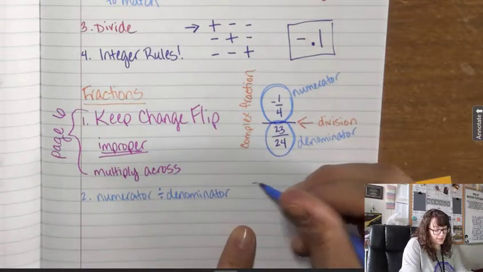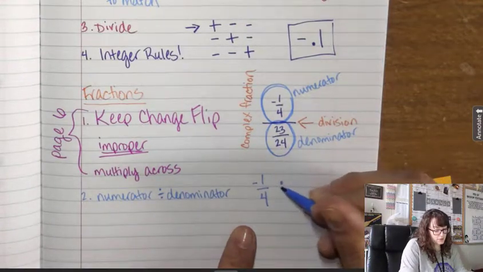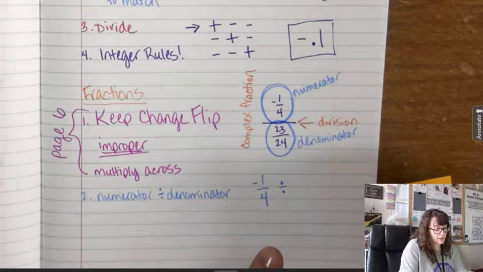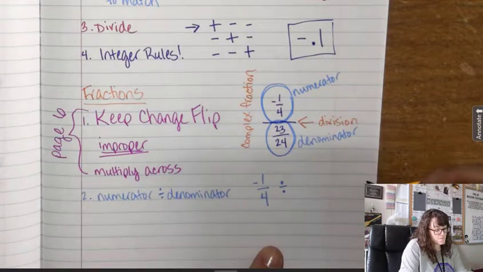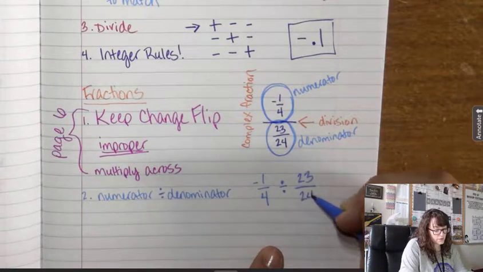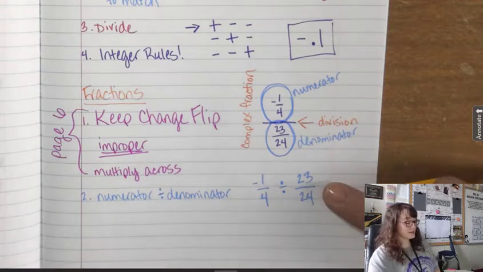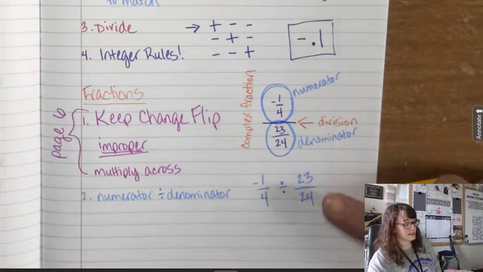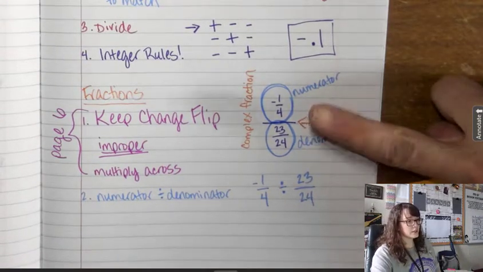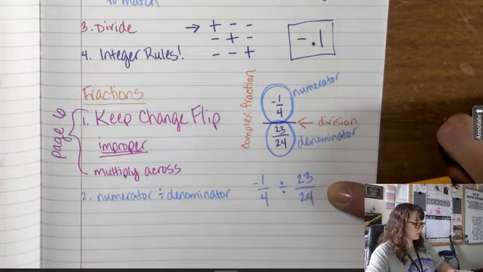I need to write that down. Negative 1/4, divided by, and what was the denominator? 23/24. Now, this you know how to do. This isn't scary. This looks scary, so just rewrite it so it's not scary anymore.